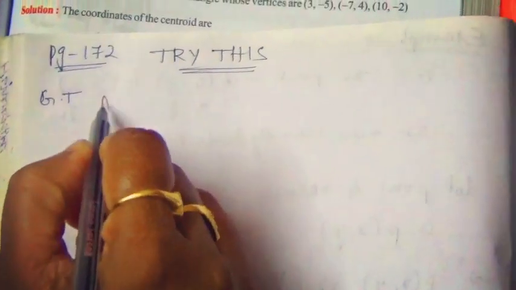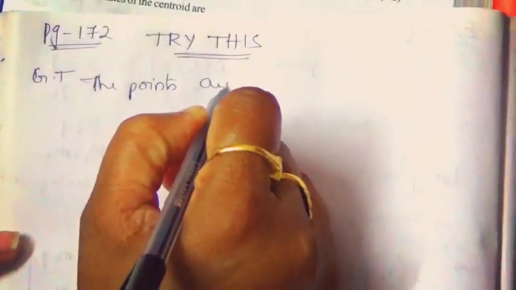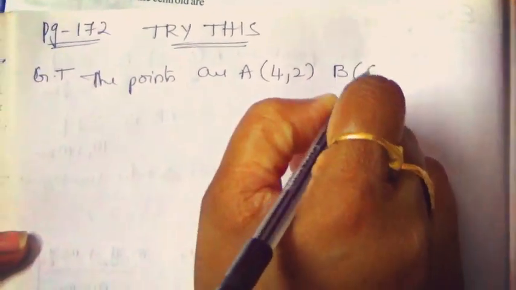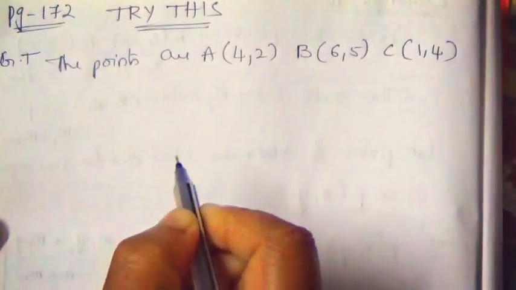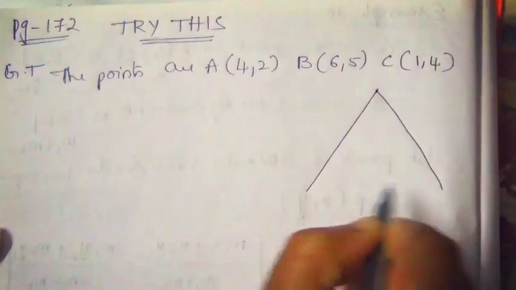So given that the points are A 4, 2, B 6, 5, C 1, 4, and these are the vertices of a triangle ABC.